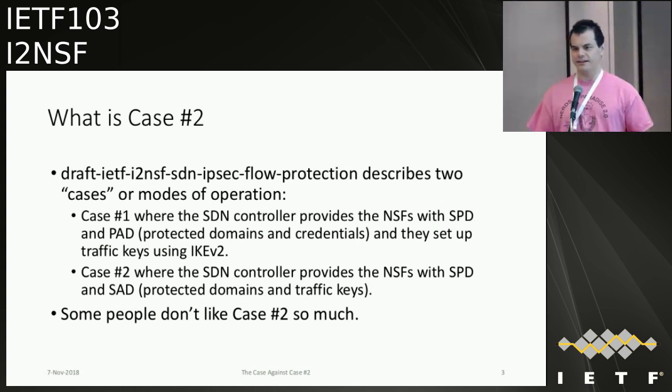And PAD is the peer authorization database. It's who are the peers, what credentials you use to authenticate them. And then the NSFs themselves set up the traffic keys using IKEv2. Case 2 forgoes the PAD and sends the SPD and SAD to the NSFs. That's again the protected domains and the traffic keys, actual traffic keys.